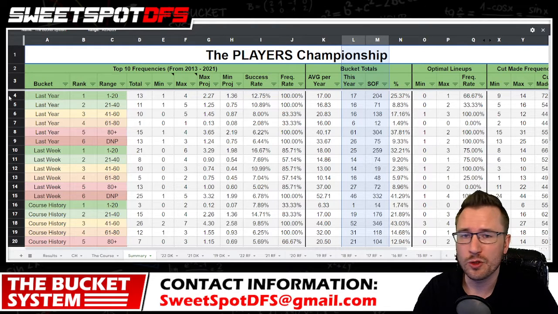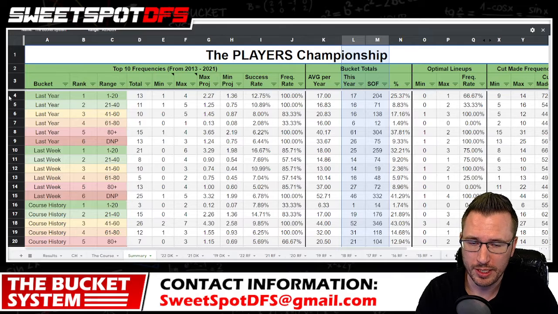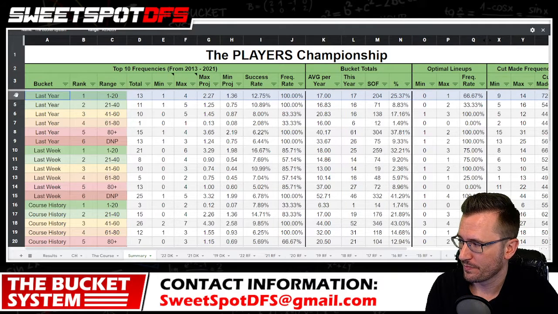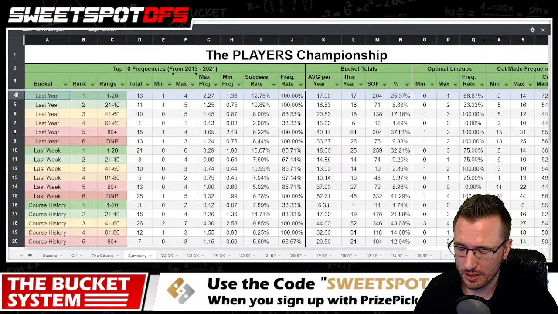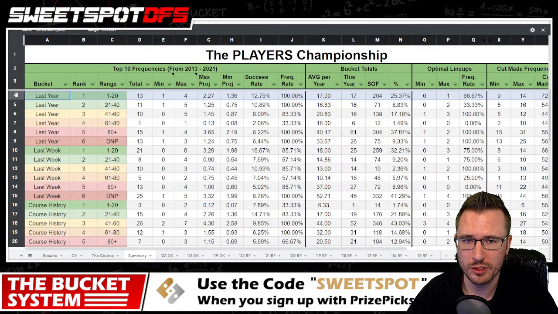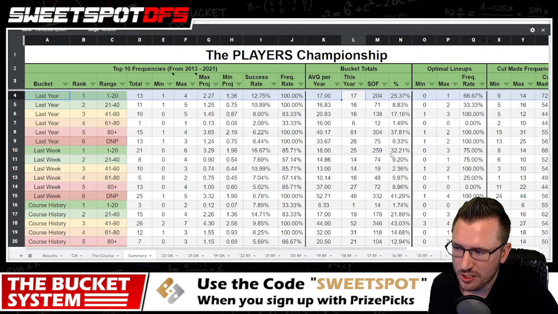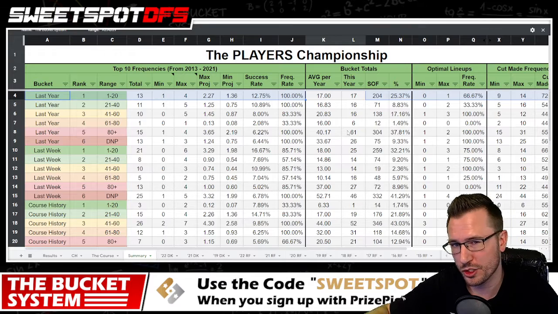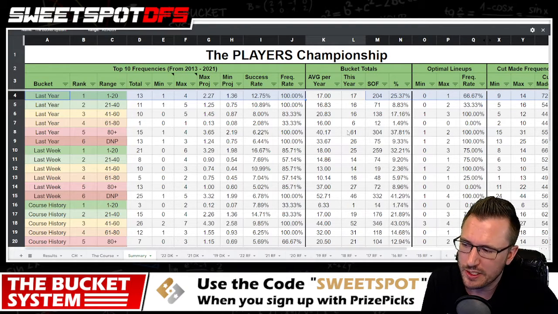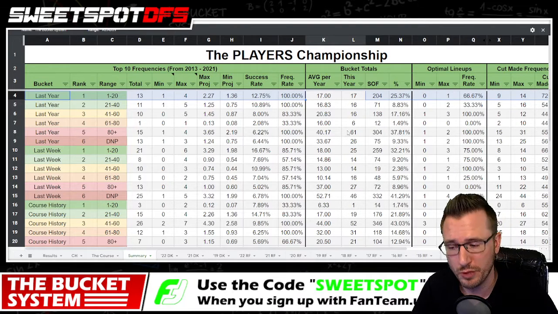So if we're looking at the 2022 Players Championship, because I have not yet updated the buckets to include the 2022 data, you can see there were 17 golfers in that bucket. Now, on average, there's 17. So that kind of just checks that box. Just based off numbers, the likelihood of this bucket hitting like it has in the past, pretty good.